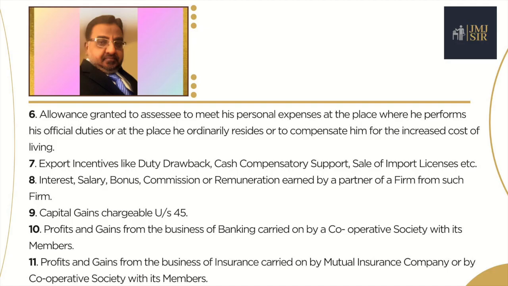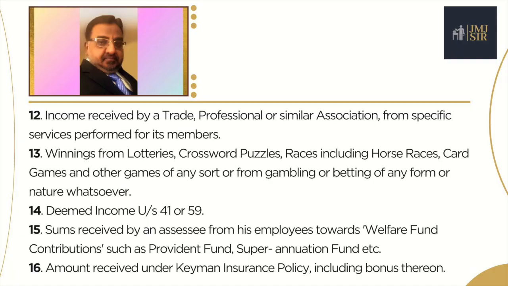Profit and gain from the business of banking carried on by a cooperative society with its members. Profit and gain from the business of insurance carried on by a mutual insurance company or by a cooperative society with its members. Moreover, the income received by a trade, professional or similar association from specific services performed for its members.